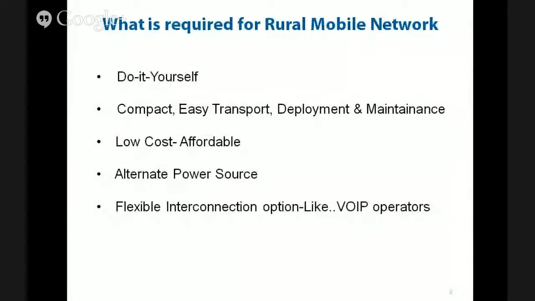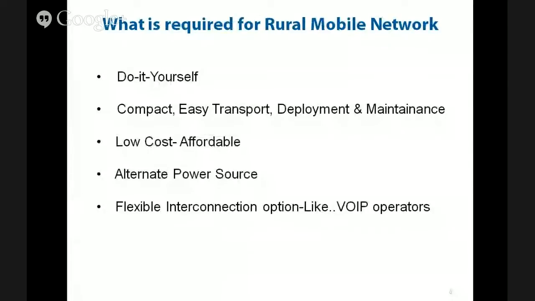So deployment and maintenance should be very flexible and easy to use, and another is cost factor. The equipment or the solution cost must be affordable, and it should be very low according to the business case. Another thing is power source. As we mentioned in previous slides, there is a problem of grid power.